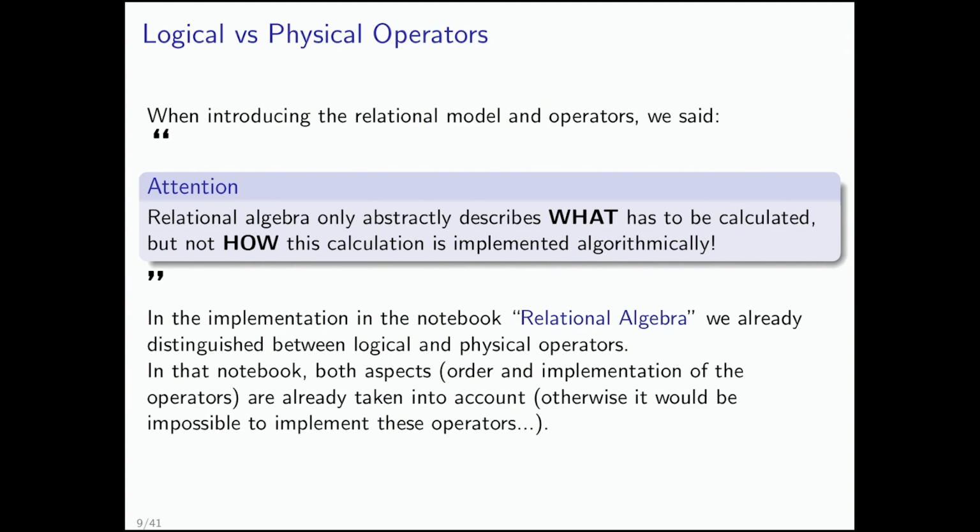And actually, we ran into the problem in this notebook, Relational Algebra, where when specifying those operators, there was always this selection underscore and then the implementation, like selection underscore scan, join underscore simple hash join or something like that, because in order to implement an operator, you have to specify an algorithm, there's no way around that. So there already you saw this physical aspect of an operator.